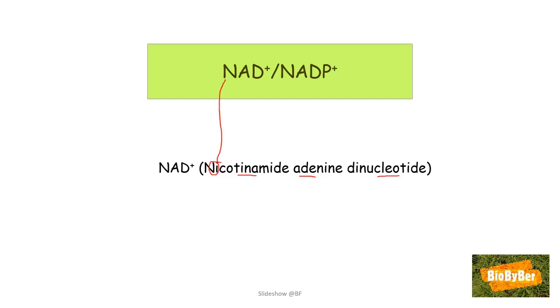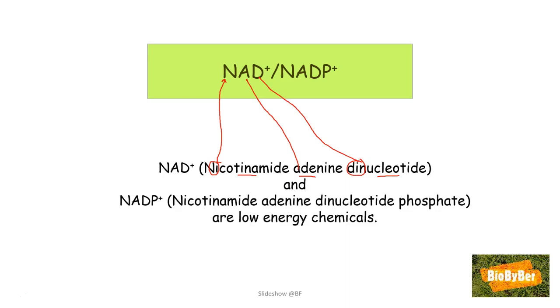Nicotinamide is the N, adenine for the A, dinucleotide for the D. And NADP+ is nicotinamide adenine dinucleotide phosphate. Now the bad news here is that you have to remember the proper names of these chemicals because they are actually mentioned in the syllabus and could appear on the exam paper.